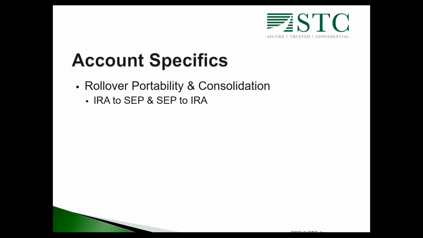They are the same type of money. They're both pre-tax contributions. And the reverse is true too. If you have a business with a SEP plan on it, and now maybe you're retiring, you're going to sell that business and close up shop, you can move the money from that SEP account into an IRA if you wanted to. Same kind of funds, so you can move them back and forth.